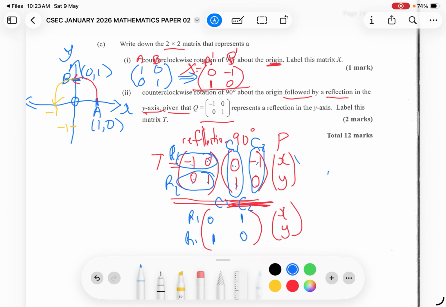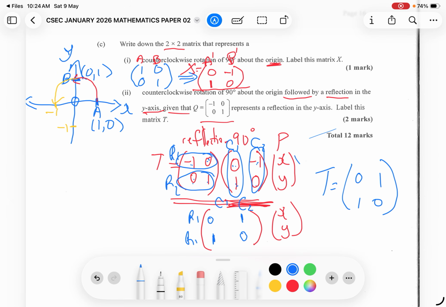So the matrix T that we're looking for is 0, 1, 1, 0. This matrix represents a double transformation of a rotation of 90 followed by a reflection in the y-axis. So if I had any point that I wanted to apply this to, I would use it to multiply that point, making sure that the point is on my right and the matrix is on my left.